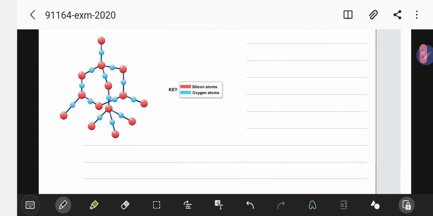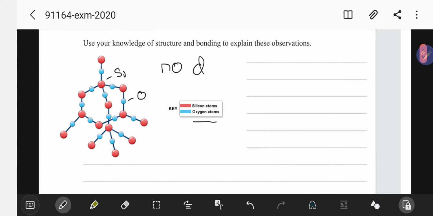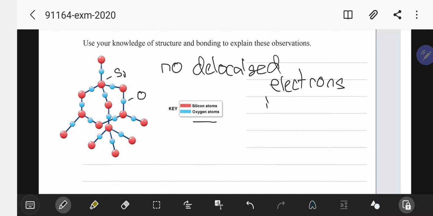So for silicon dioxide, the red here are the silicon atoms, and the blue ones are oxygen, as it says here. Each silicon is bonded to 4 oxygens, and there are no delocalized electrons in both its solid state and molten state.